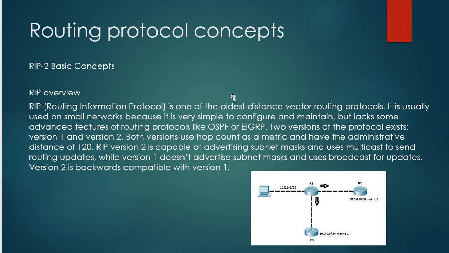Version 2 is backward compatible with version 1, and it also has the advantages of advertising subnet masks and using multicast instead of broadcast. There are also lower network and traffic loads in RIP version 2.